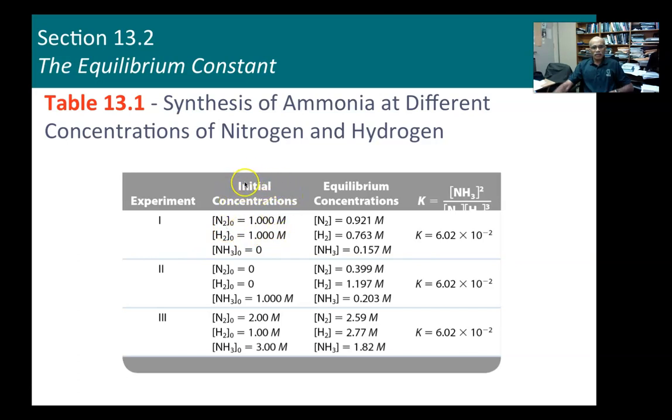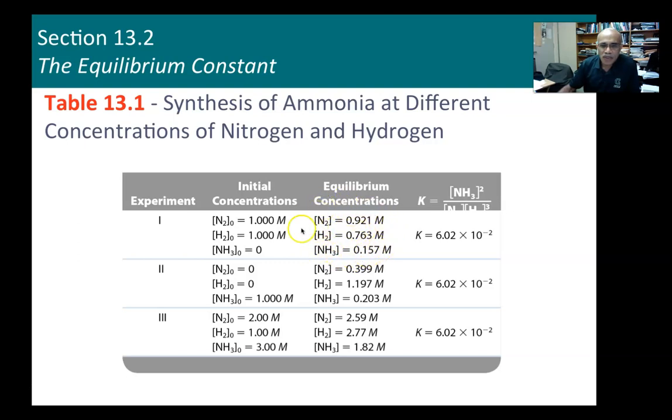If you start with the initial concentration of nitrogen to be 1 molar, initial concentration of hydrogen 1 molar, ammonia, which is the product in this case, 0. Notice the equilibrium concentrations: 0.921, 0.763, 0.157. These are the equilibrium concentration values.